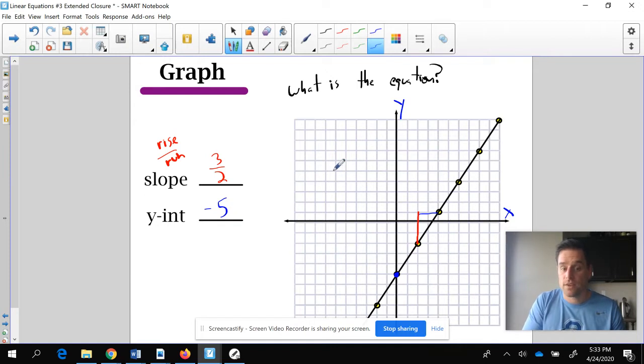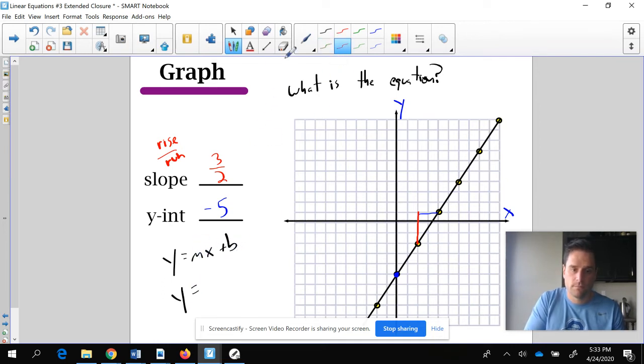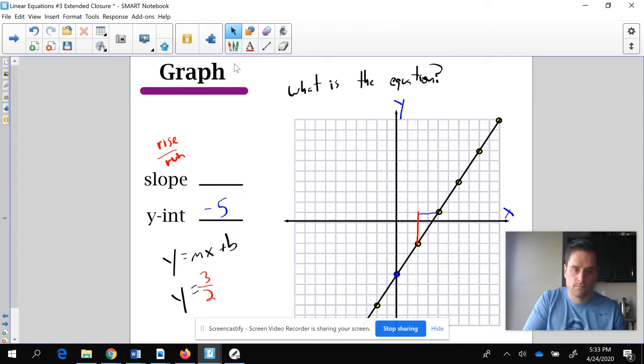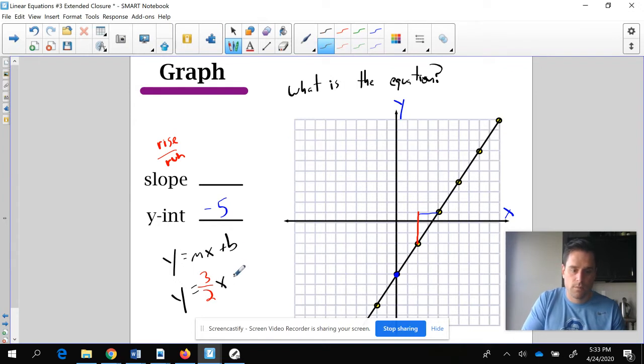Okay, so guys, the question is, what is the equation? Well, if we have these 2 pieces of information, we can solve it because we know that y equals mx plus b. Y equals m is your slope, plus what's b?